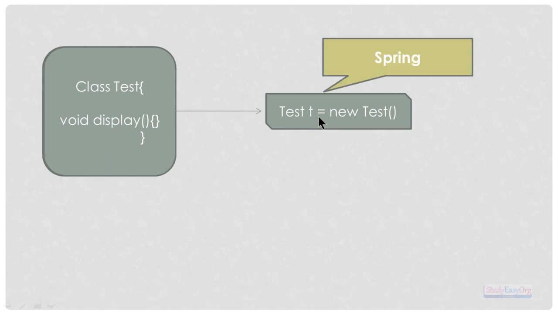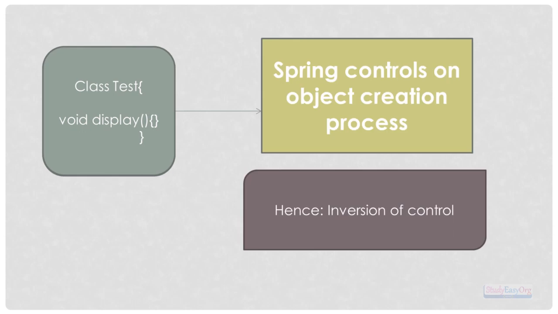What we can do is outsource the process of object creation. Indeed, we need not make use of the new keyword at all in our program. Even then, we would be able to create an object. The entire process of object creation can be outsourced, and it will be taken care of by Spring.